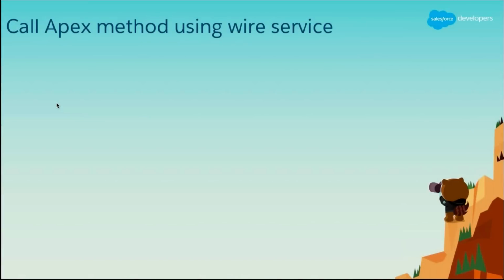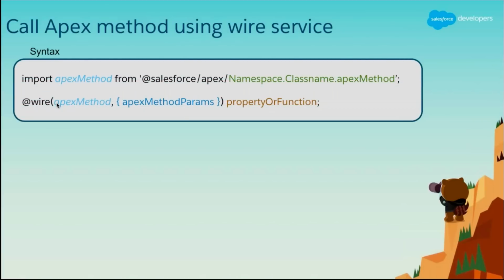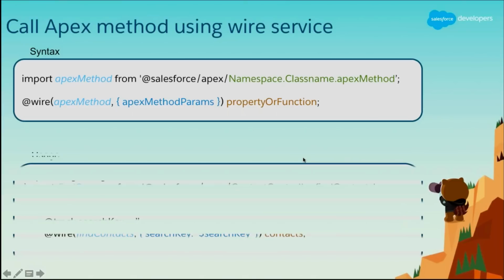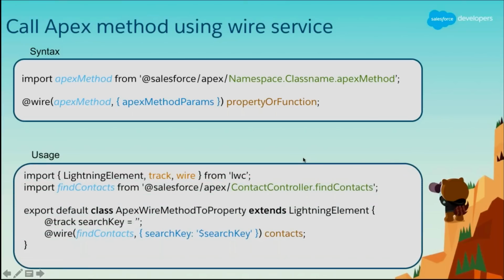So let's see how we can call an Apex method using wire service. Again, this is the syntax. If you notice, the syntax is very much similar to what we have done with the UI API. The only thing is here we are getting the Salesforce Apex and the Apex method. Let's see with an example.